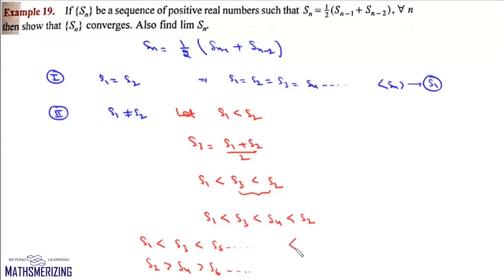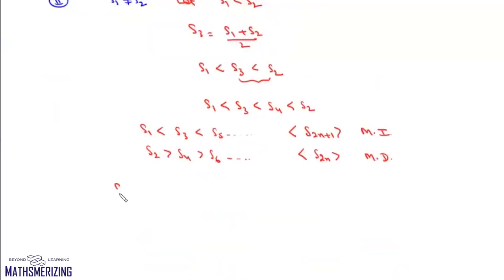So this first subsequence is S2n plus 1, and this second subsequence is S2n. Now this first sequence is a monotonic increasing sequence, and the second sequence is a monotonic decreasing sequence. Now we look at these two sequences.